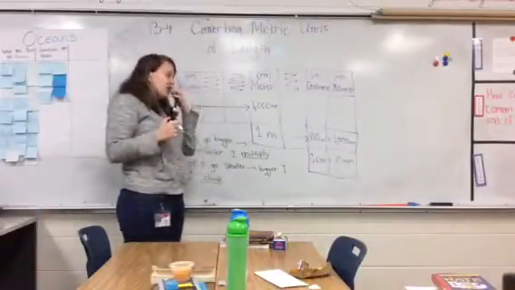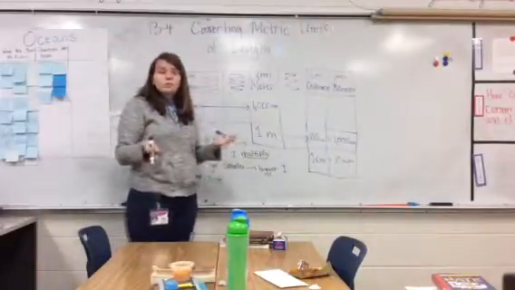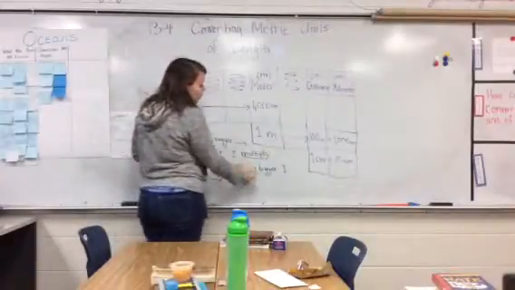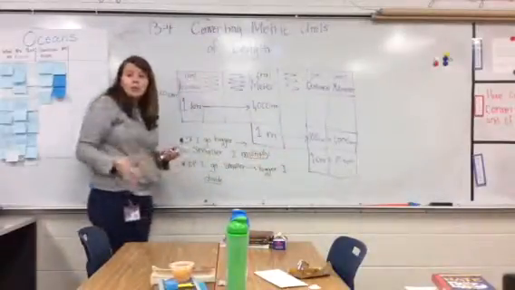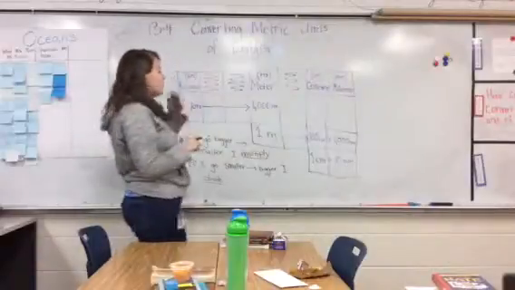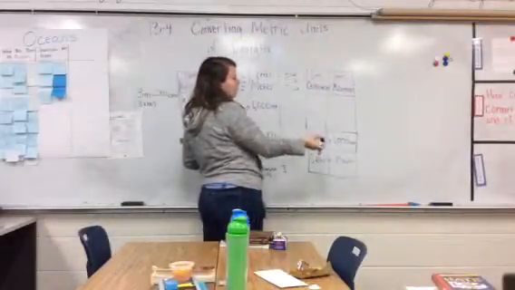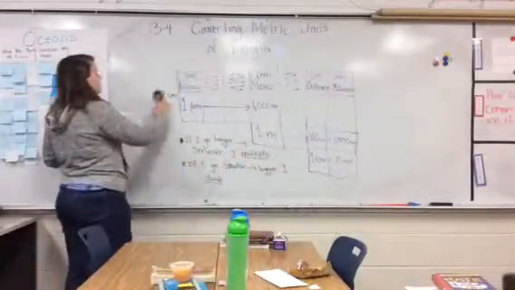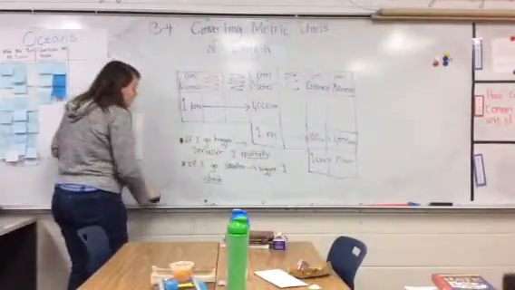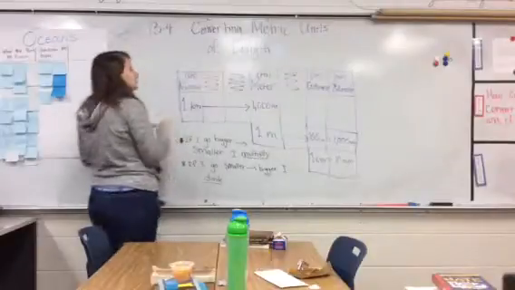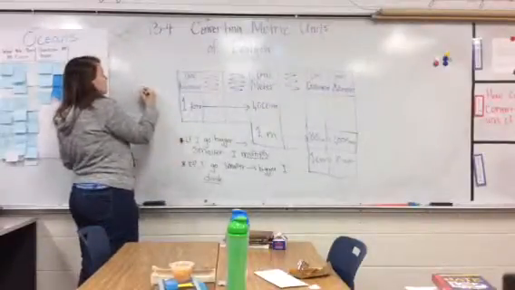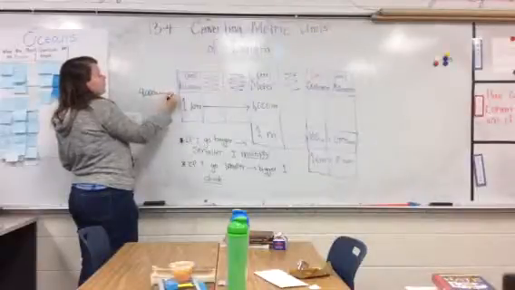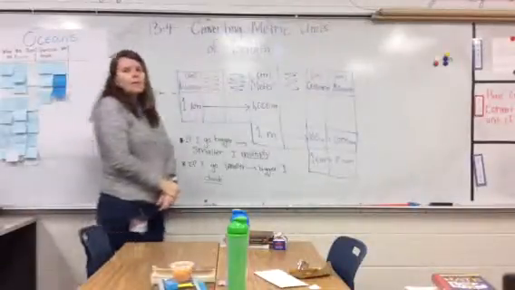Okay, let's talk about going from a smaller unit to a bigger unit. So if I go from smaller to bigger, I know I'm going to divide. So let's talk about millimeters to meters. So write this one down in your notes. If I have 4,000 millimeters, how many meters would that be?